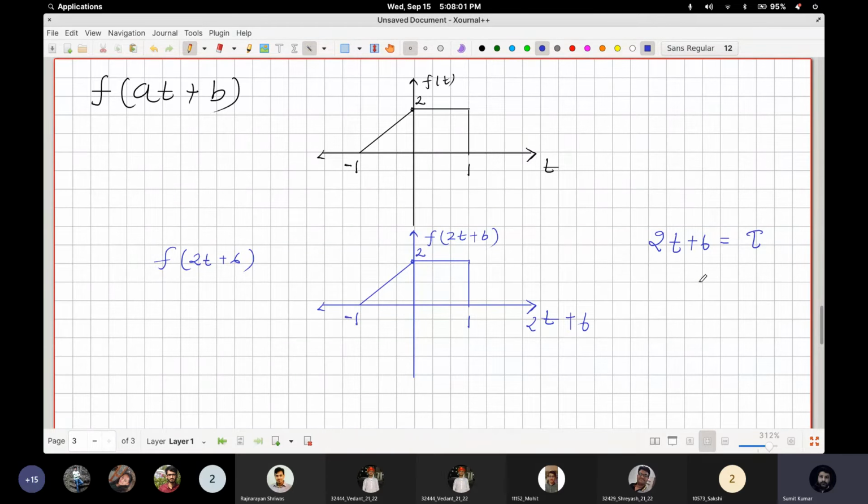Is this clear? What I have written is f of 2t plus 6, some constant tau, and this is actually equal to tau only. 2t plus 6 is equal to tau only. Is that clear? Yes, sir. Is it clear to you right now?